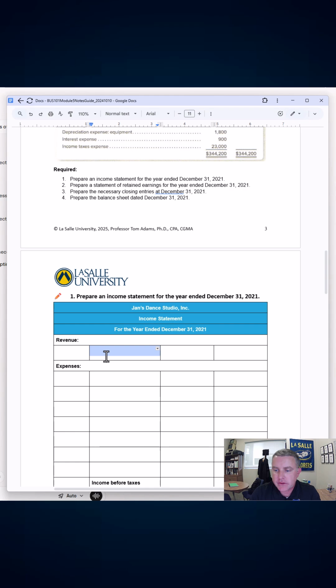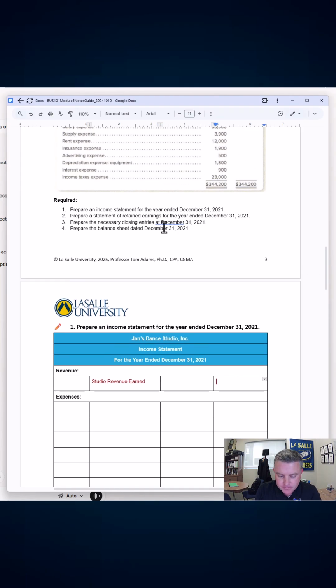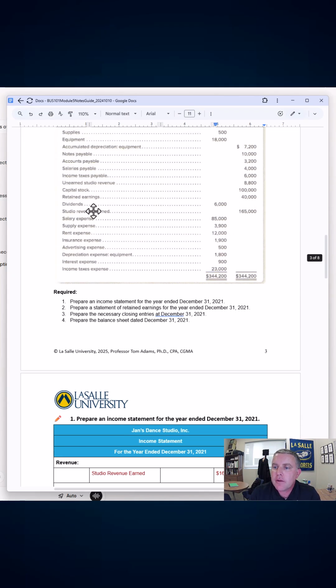So we're going to enter studio revenue earned, 165,000, and then continue this process all the way from studio revenue earned down to income tax expense.